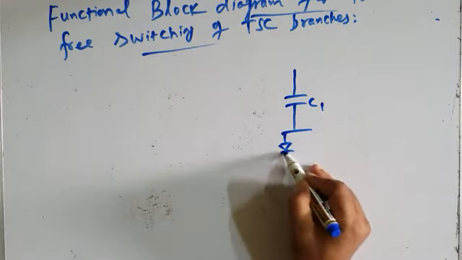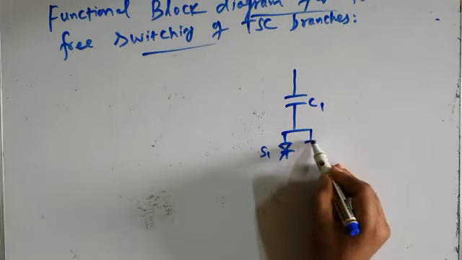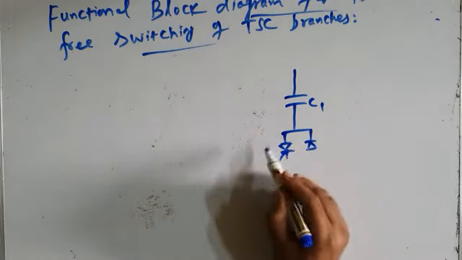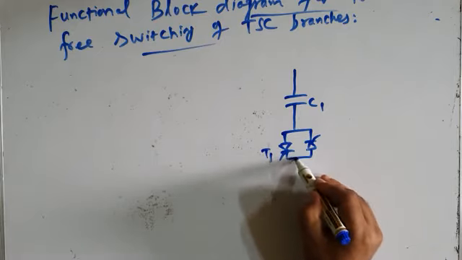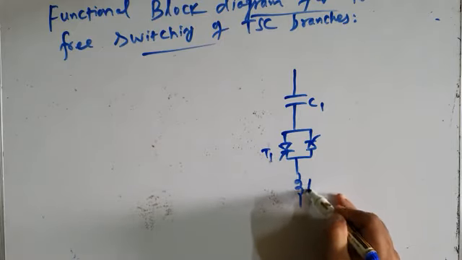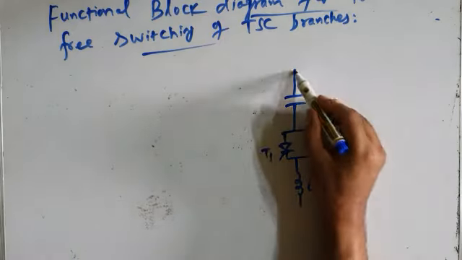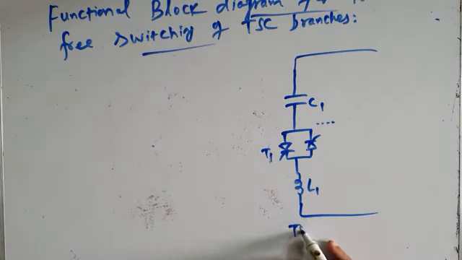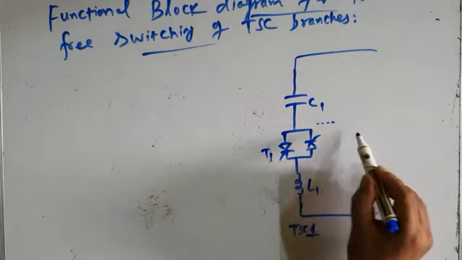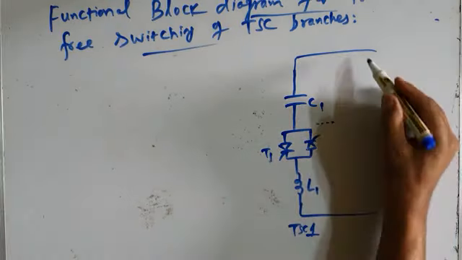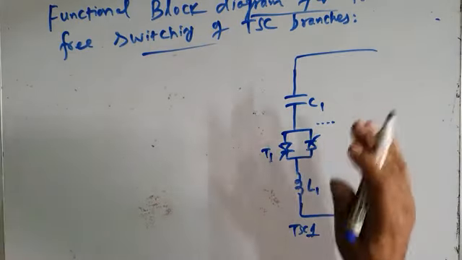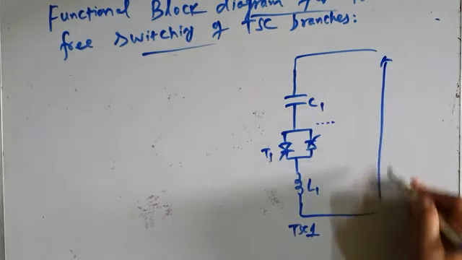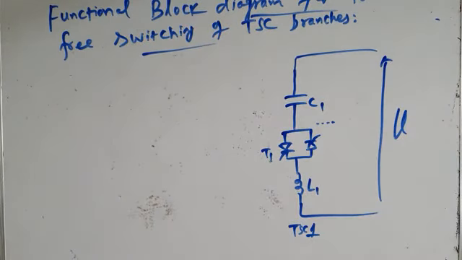This is your switch, say S1, or let us call this T1. This is L1. You have a TCR also, I am not showing it. This is TSC1. Similarly, you will have TSC2, TSC3, and a number of TSC branches, and then you will have the TCR also. I am not showing that TCR. And this is the applied voltage V, or bus voltage.